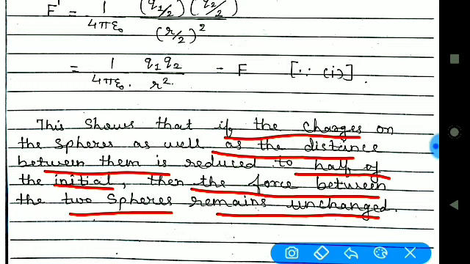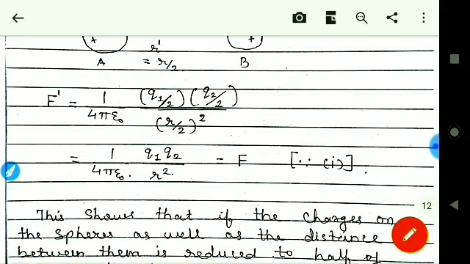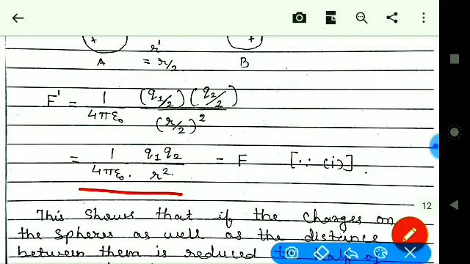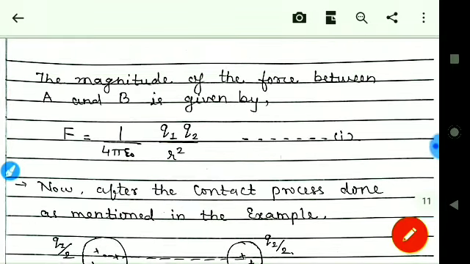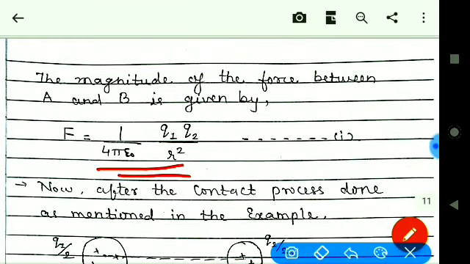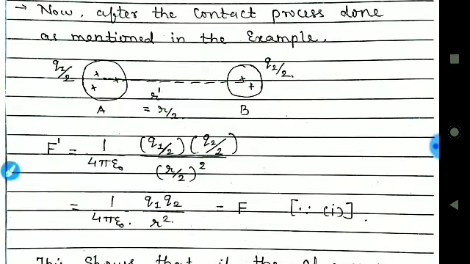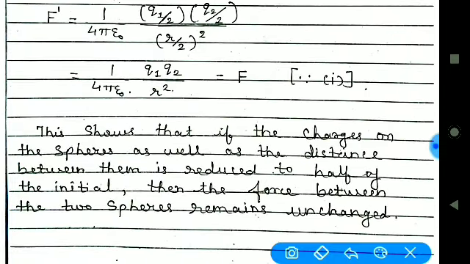You can see here that the new force is equal to the initial force. So you can compare equation number 1 and this final obtained equation after reducing the charge and the distance by half.